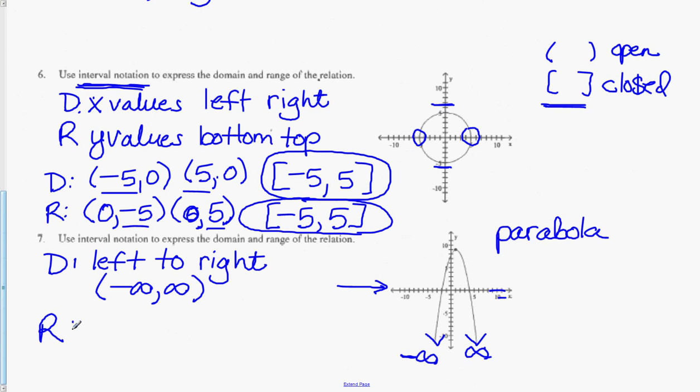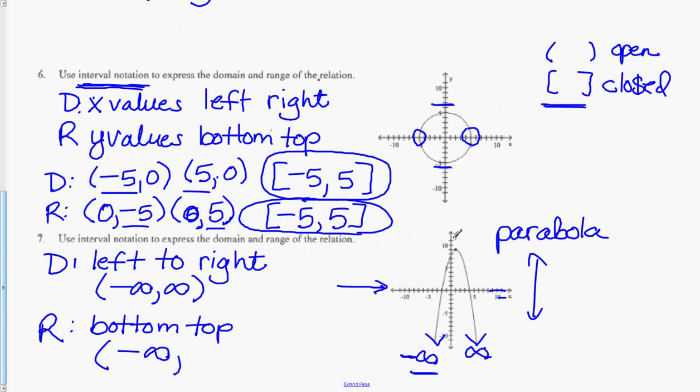Okay, so ranges we need to think. Range, I'm looking from bottom to top. And as I'm looking at this parabola, I'm bottoming out at negative infinity. I'm looking up and down for my y values. So I know that I'm bottoming out at negative infinity. But where am I topping out?